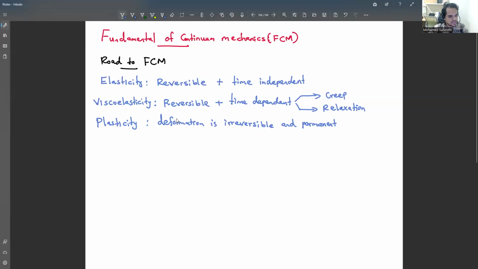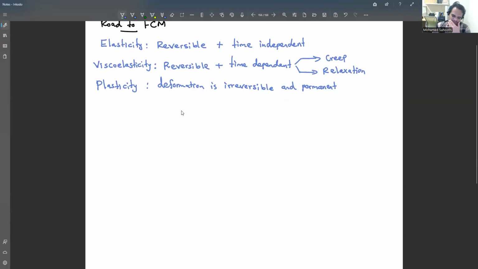In the next part of the video, I'm going to discuss something you studied in your strength of materials class, the tensile test. For a tensile test, you take a material sample like a dog bone sample, something like this.